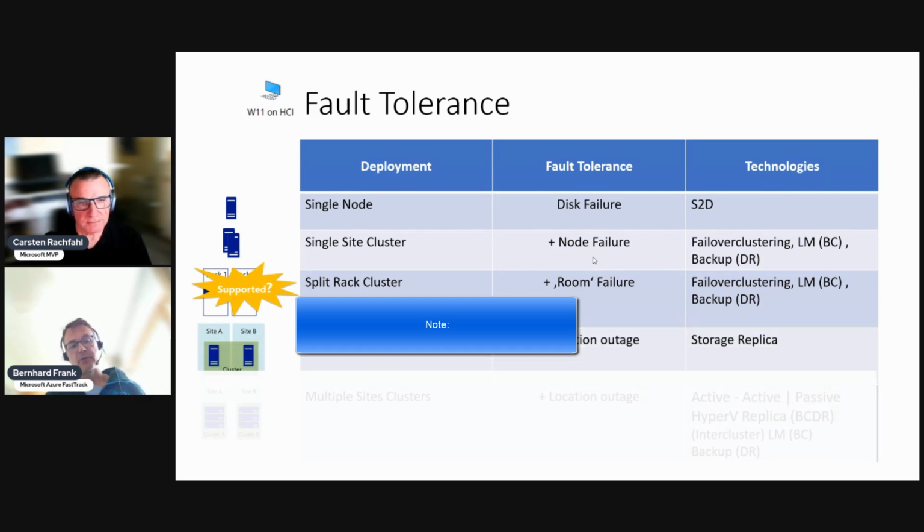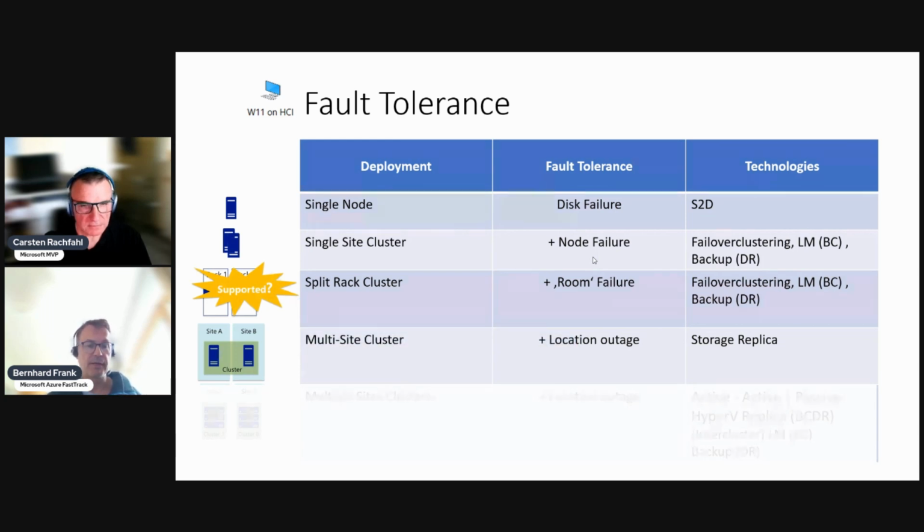Next, what people would be looking at is what I call a multi-site cluster or a stretch cluster, which is more like the official documentation. If you look up Azure Stack HCI, you may come across that kind of scenario where you have two sites that are apart, it could be quite some kilometers.